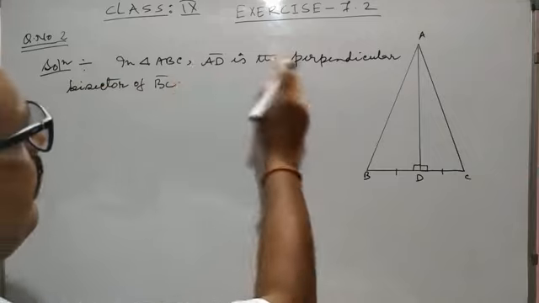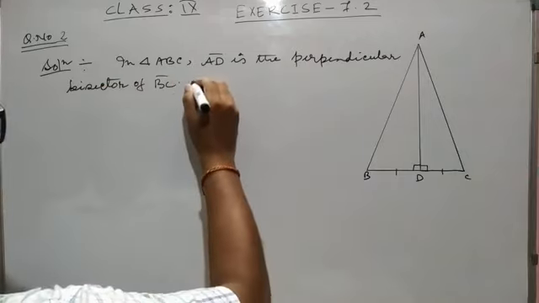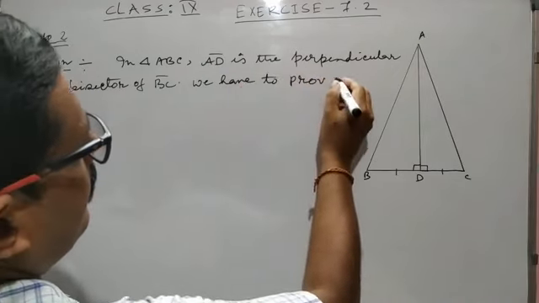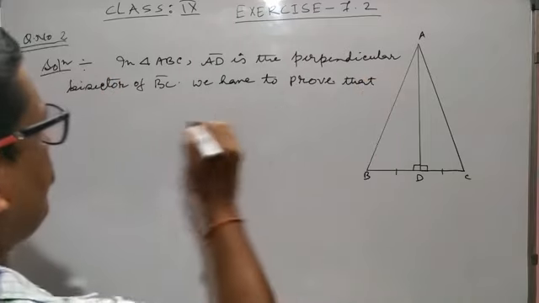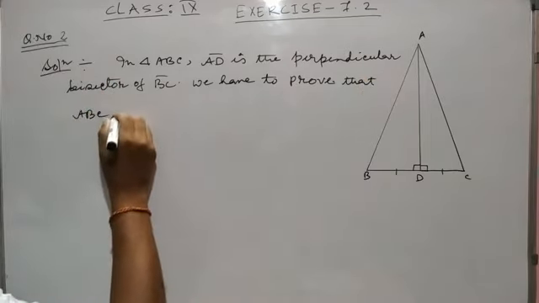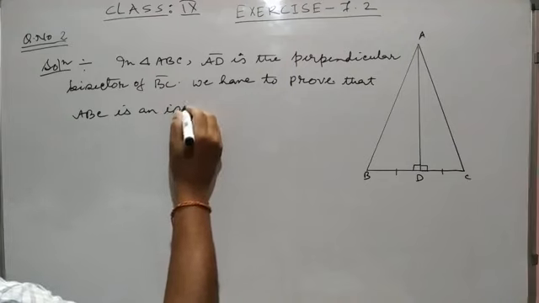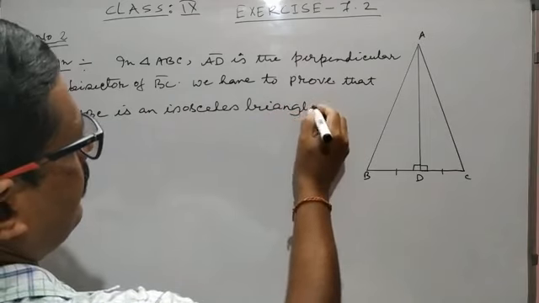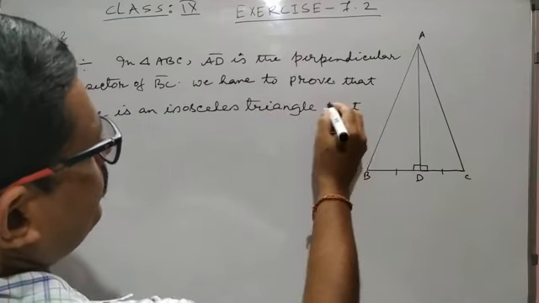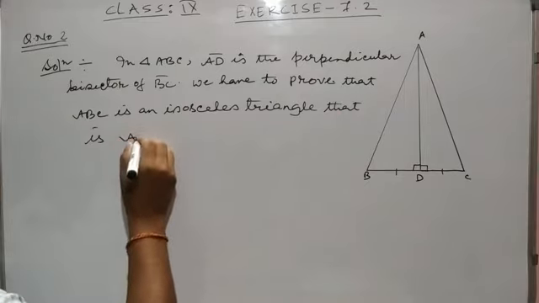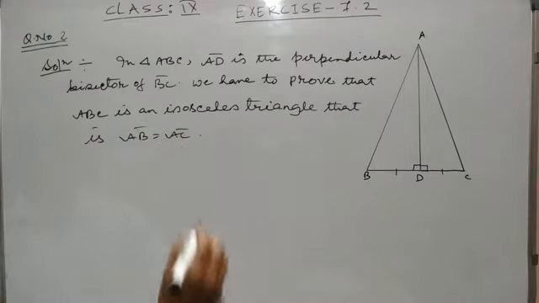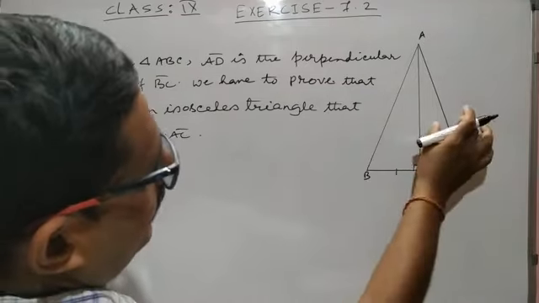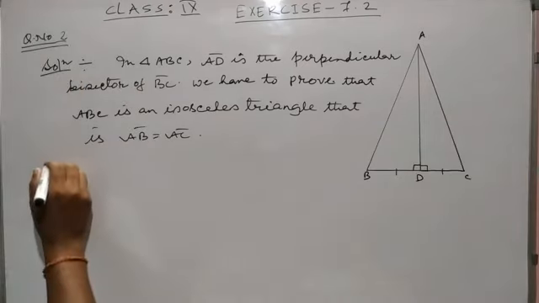We have to prove that ABC is an isosceles triangle, that is AB equal to AC. हमें प्रूफ करना है ये और ये दोनों इक्वल है. So see the proof.